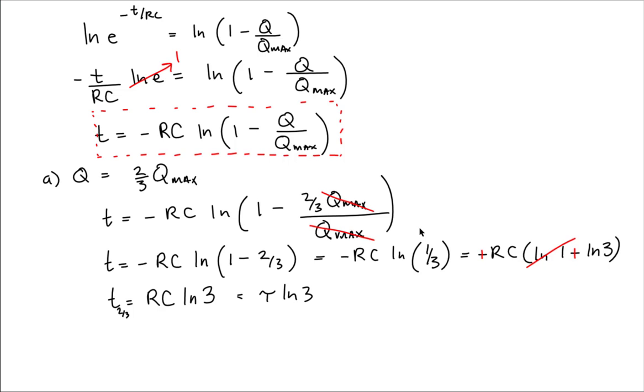So let's go ahead and plug in our numbers now. Remember, the resistance was 2 ohms, the capacitance is 0.5 farads, and we have the natural log of 3.